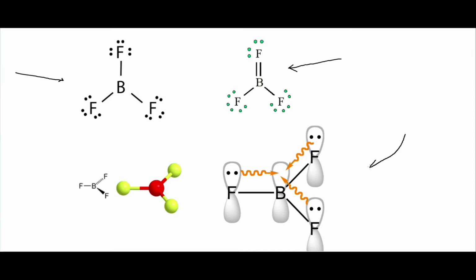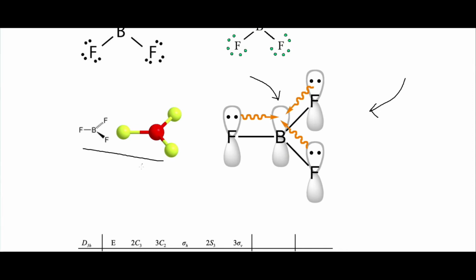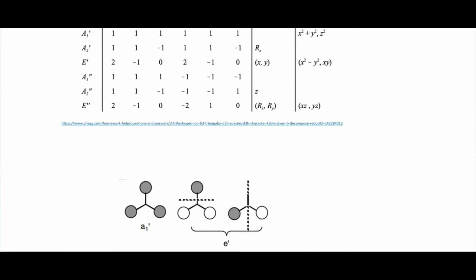This is showing that in these fluorines we have these lone pairs, where this boron will have this orbital right here that is unfilled. So we see that these filled orbitals, the highest occupied molecular orbitals on the fluorines, are sharing some of their electrons with the empty orbital, the lowest unoccupied molecular orbital on the boron. But over here we see that this is how we get the D3H symmetry by thinking about it as this trigonal planar molecule.